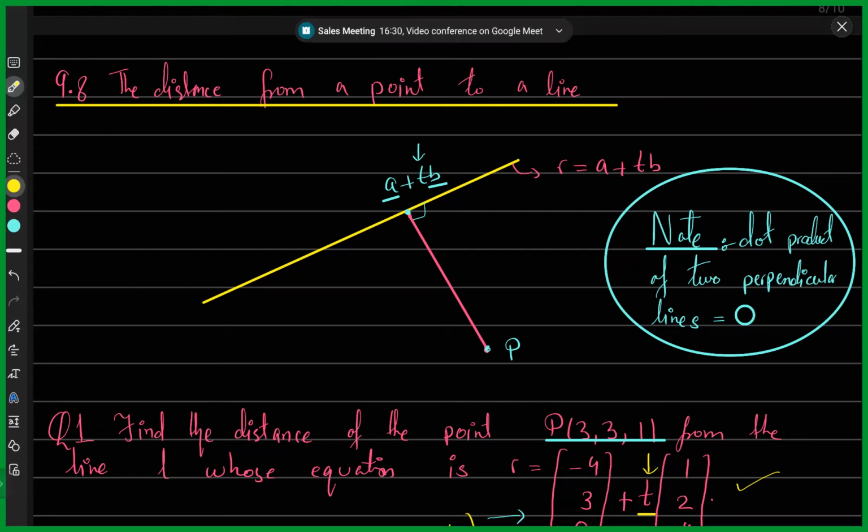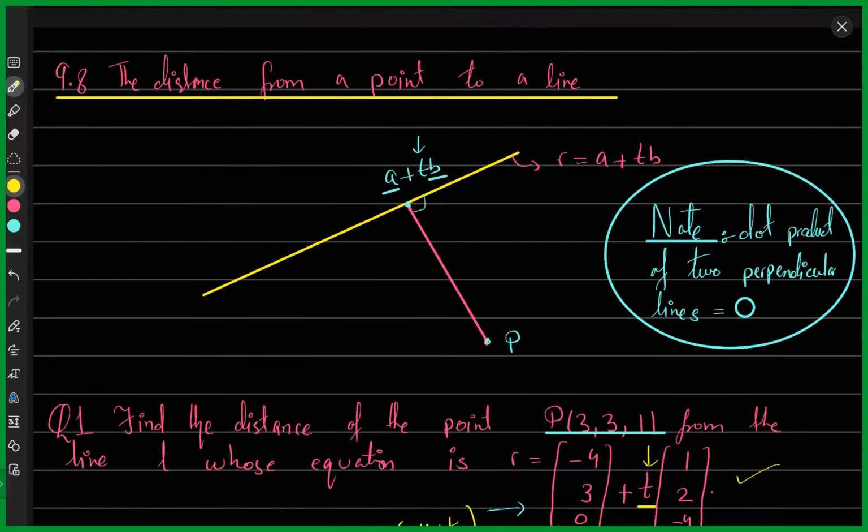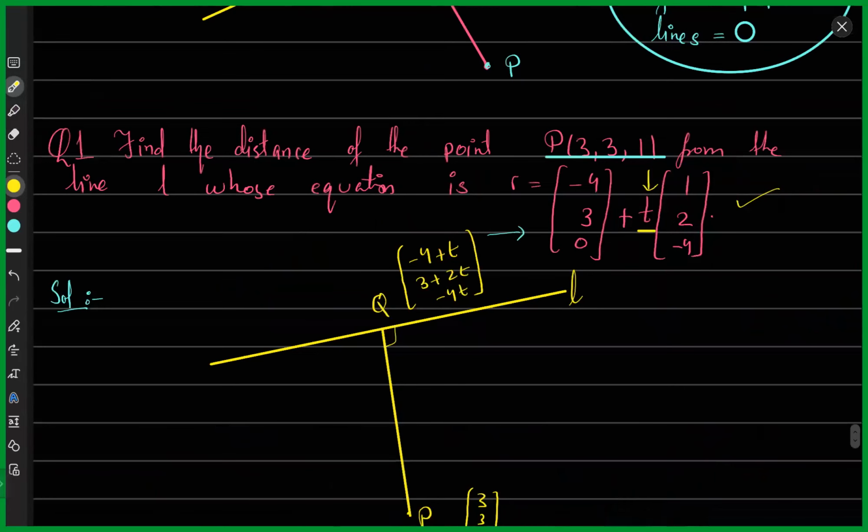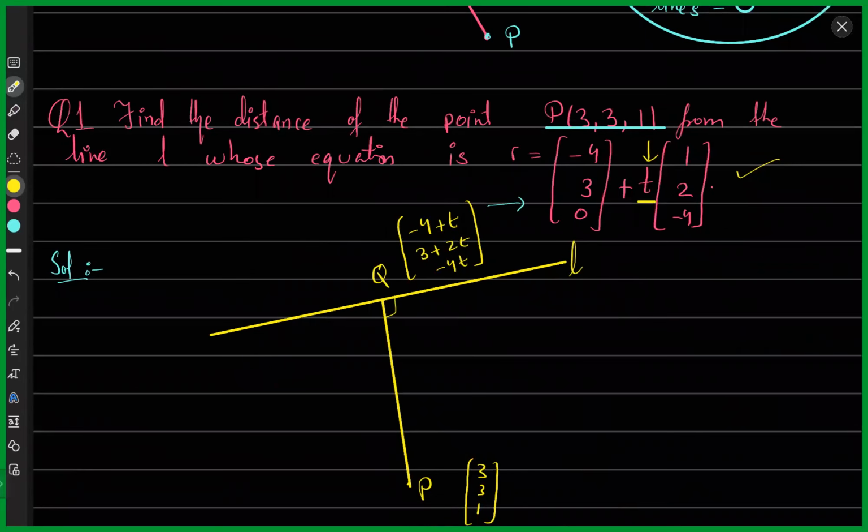And other than this, just follow the idea that first of all, you need to use the dot product to find out that very specific value of t, which would give you this point Q, such that PQ would be perpendicular to line L.